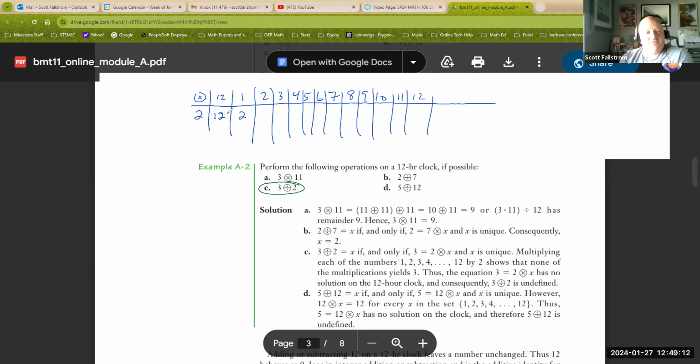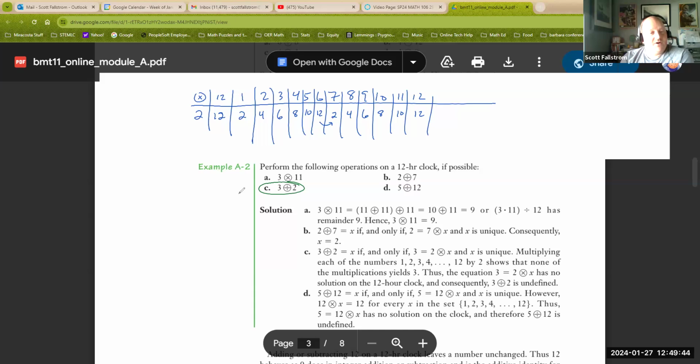Okay, so 2 times 1 is 2. 2 times 2 is 4. But again, I can get there by just adding: 6, 8, 10, and there's a 12. Now we get to 7 times 2, which again, we could do the multiplication, 14, take off a group of 12, or we could just add 2. I'm just going to add 2 because I don't have to go back through and redo everything. Okay, there it is.